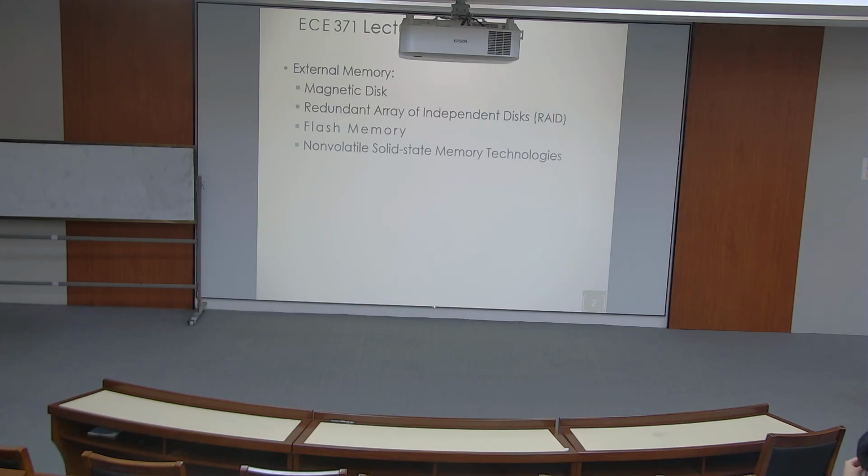Here we have some examples of external memory. We talked about the magnetic disk, the read memory, and flash memory. Today we're going to have a short review of this.